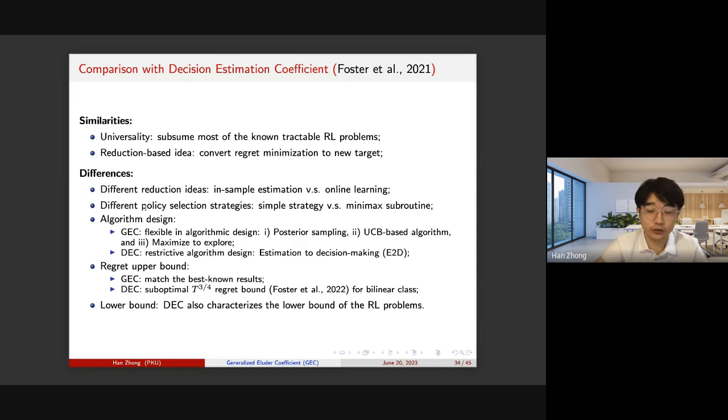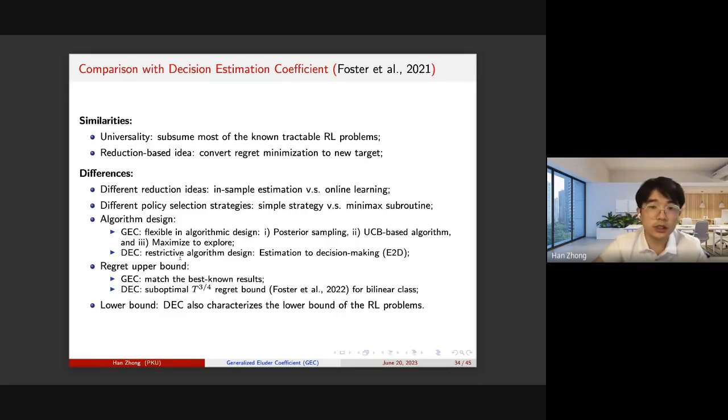We just use the corresponding exploration to collect data, but the DEC needs to solve a minimax optimization problem to obtain the exploration policy. And for algorithm design, GEC seems flexible. The posterior sampling, the UCB-based algorithm, and maximize-to-explore are efficient for GEC.